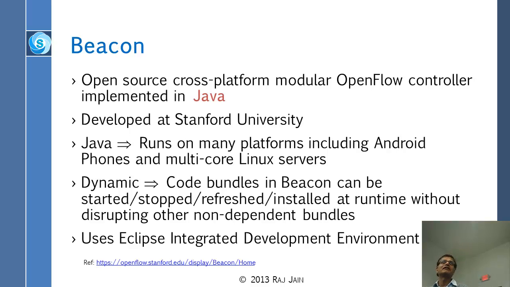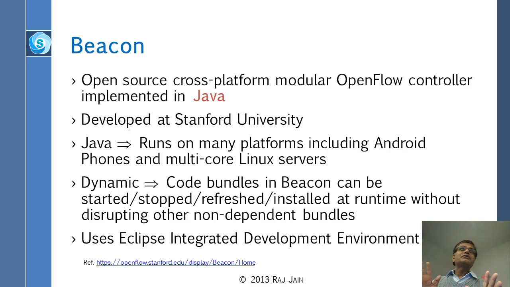Anywhere where Java will run, this controller will run. And the code is dynamic, so the code is bundled. Beacon can be started, stopped, installed, so it is basically modular. You can change the modules. Dynamic means you can change it. It uses Eclipse IDE, the development environment. Some of you might have used Eclipse with Java.